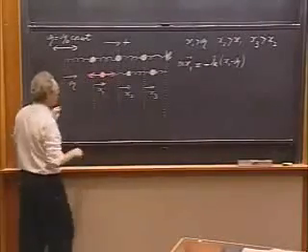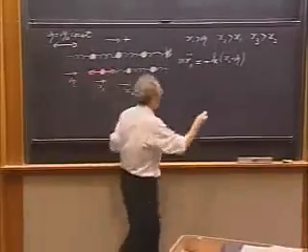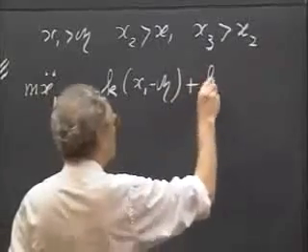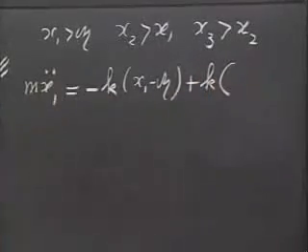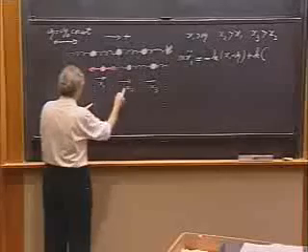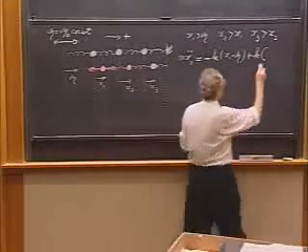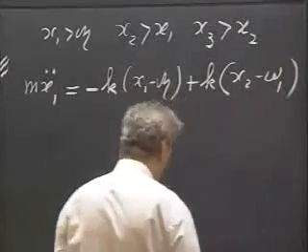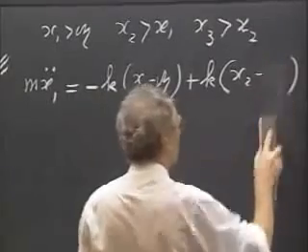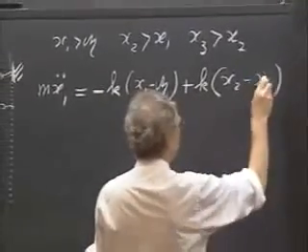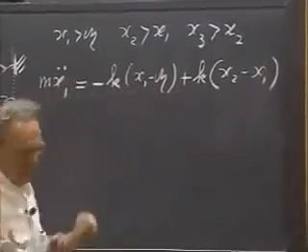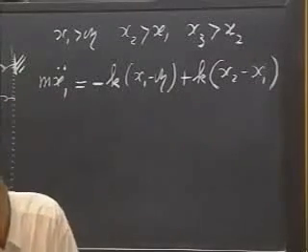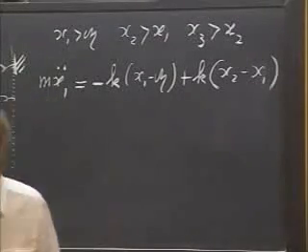And this force is now in the plus direction, is plus k times x2 minus x1, the amount by which this spring here is longer than it wants to be. That's my differential equation for the first object.